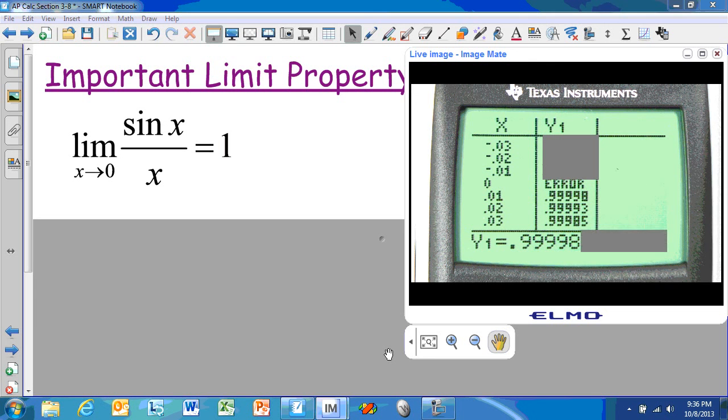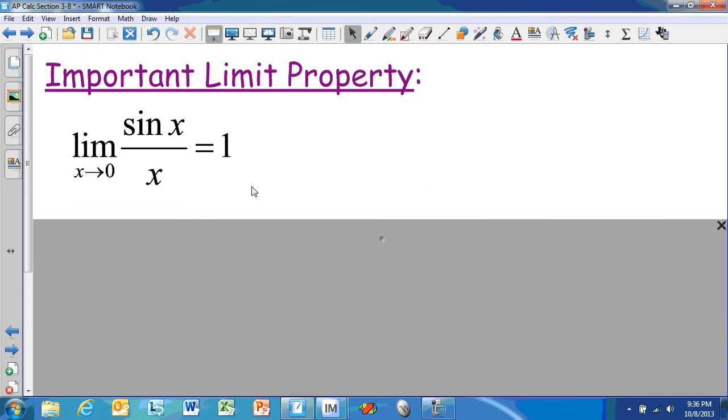So it looks like we're getting closer and closer to 1 from the left side. And you can see it's the exact same values from the right side. It looks like we're approaching a value of 1. Of course, we're undefined at 0 because you'd be dividing by 0 there when x is 0. But it appears as though the limit is 1 then. Okay, so there's a graphical and a numerical approach to explaining why the limit of this is 1, but we'll look at the algebraic proof of it in the second half.